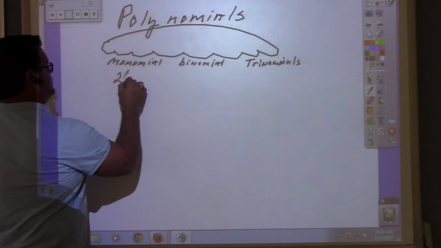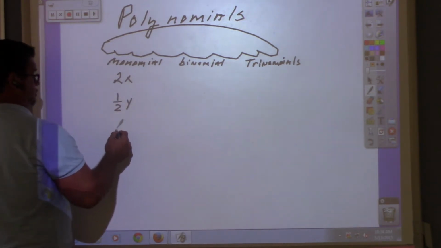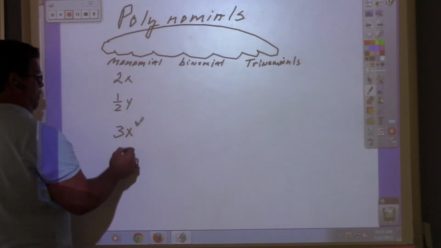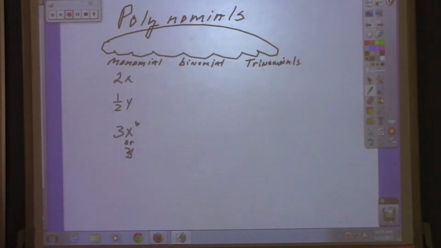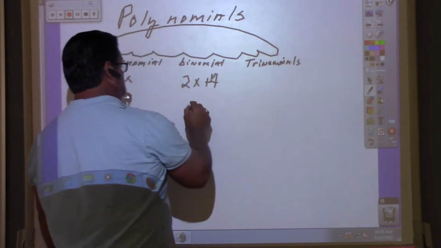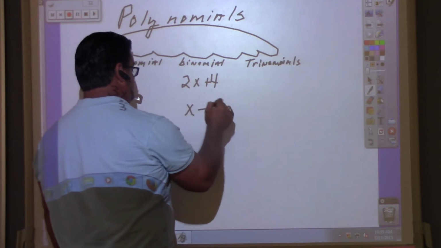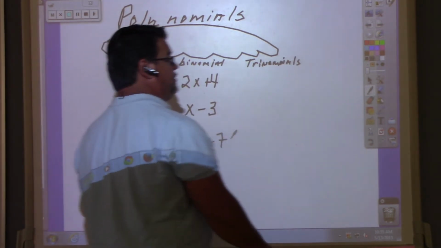Monomial: 2x, 1/2 y, 3x to the 0 or 3. Those are all monomials. Binomial: 2x plus 4, x minus 3, 2x plus 7. Those are all binomials.